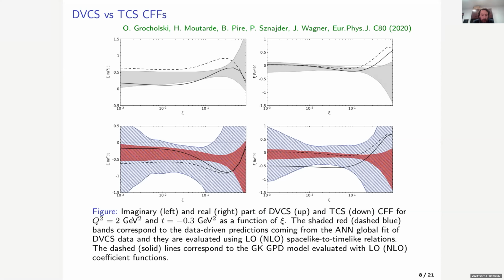But this wider, lighter band is the next-to-leading order prediction, and it's much wider. It's wider because it reflects our lack of knowledge of the Q squared dependence. This comes from the logarithmic derivative over Q squared. So here are the predictions for the Compton form factors.